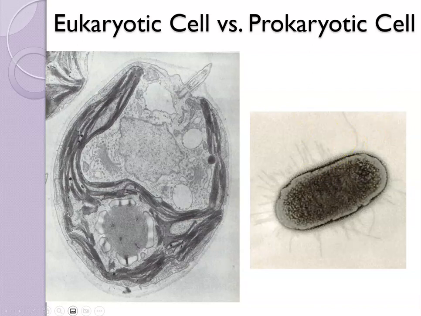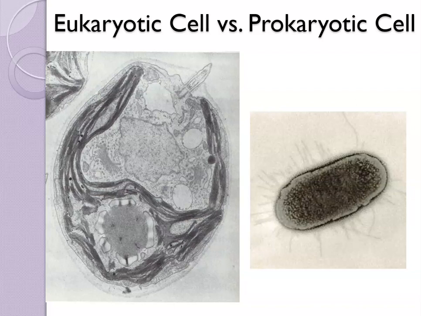So if we talk about cells a little bit more, still general, but getting into the two main groups of cells, those would be the eukaryotic cells and the prokaryotic cells. Just from looking at these images, which were both taken with a transmission electron microscope, you can't say that the sizes are comparable here because there's no scale bar.